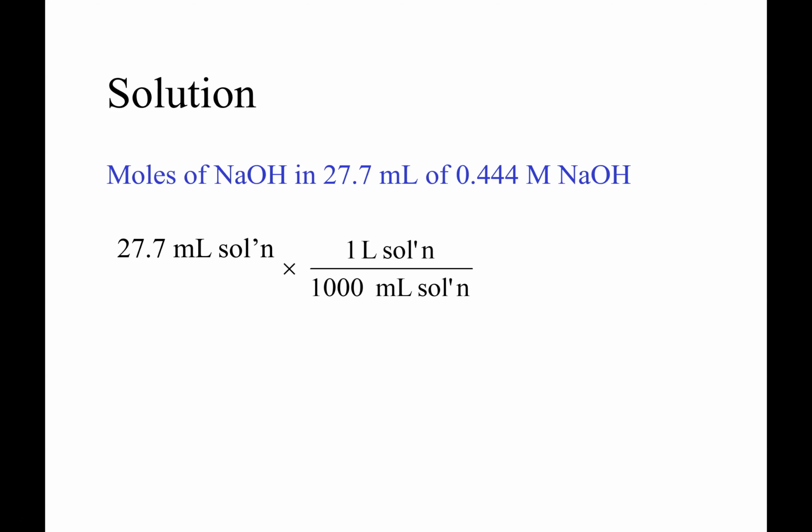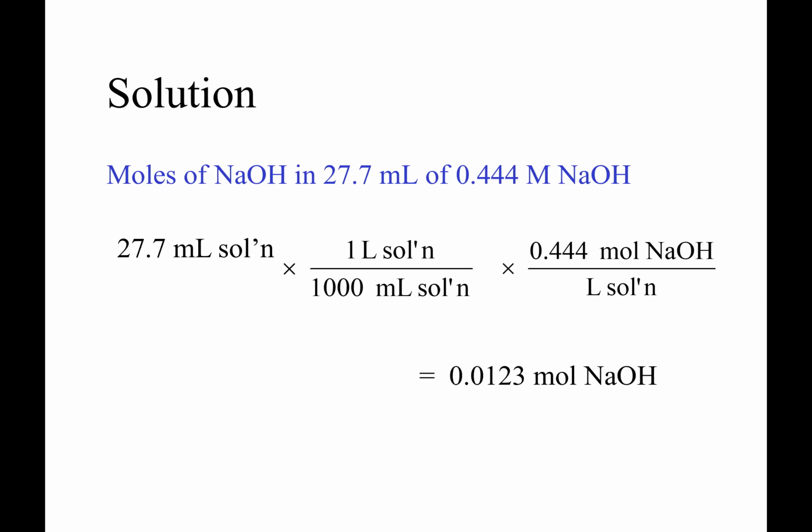So do I use it like that or do I flip it? Use it like that, yep, because the way I unpack it, liters are already in the denominator and I want them to cancel. Okay, so cancel. I love canceling things. We have moles of NaOH. So with 3 sig figs, you're looking at 0.0123 moles of NaOH.